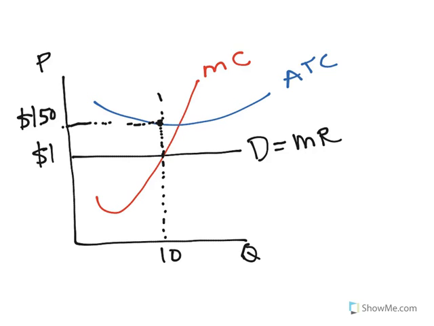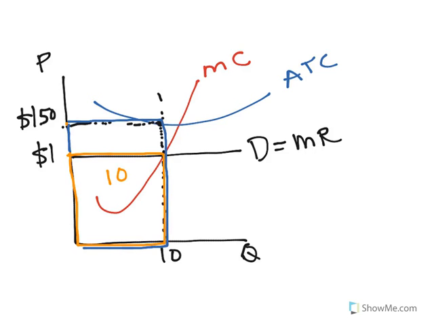Because again, if I asked you to shade in the firm's total revenue, that would be the point where marginal revenue equals marginal cost. So this would be this area right here, and we know the value of that is price times quantity. So the total revenue, 1 times 10, that would be 10. And then if I asked you to shade in the firm's total costs, well, that's going to be even a larger area, right? Because we intersect our average total cost curve up here.